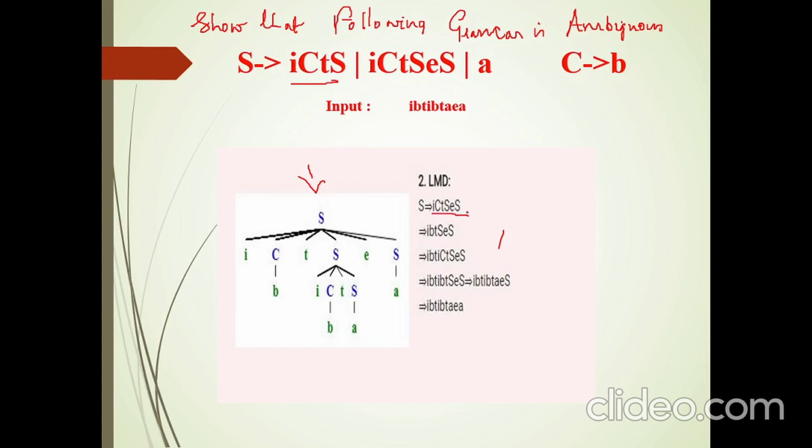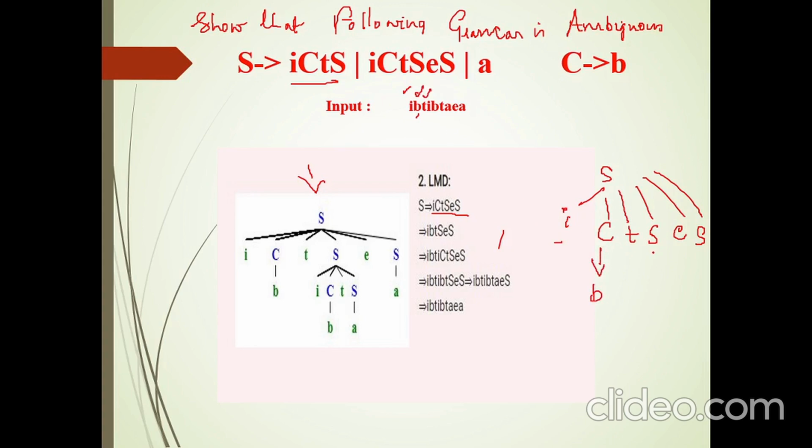You can see here ICTS. So S will give you I, C, T, S, E, S. Now I have already got I. Next I have to obtain B based on the LMD, so this will give me B. So I got I, B, T.